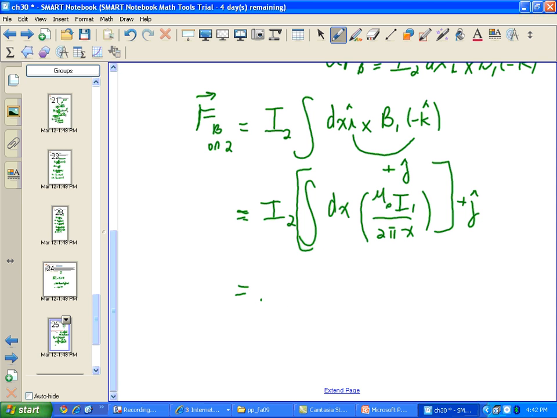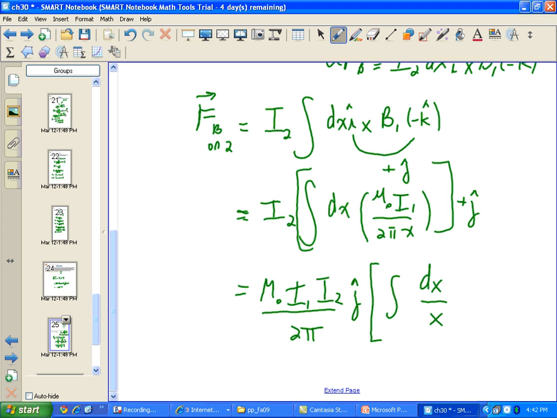So let's go ahead and pull out mu naught I1 times I2. I'm just rearranging the order of the terms here. Mu naught I1 times I2 divided by 2 pi, and we're in the positive j hat direction, so I'll go ahead and pull the unit vector out, times the integral of dx over x.